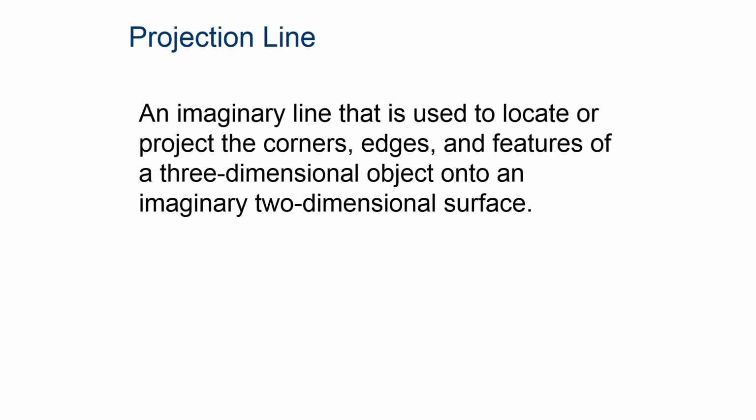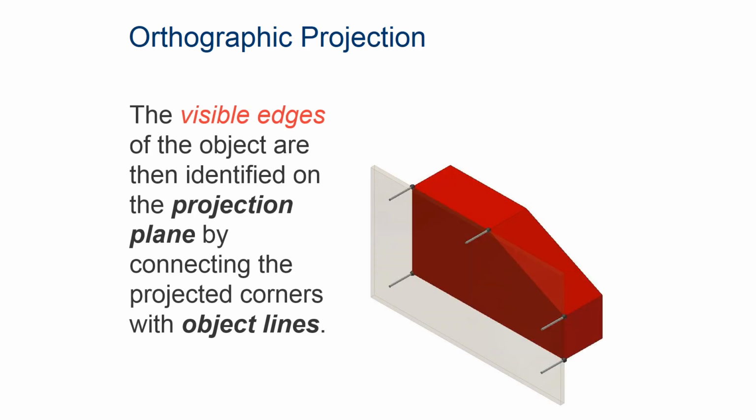So the projection line is the imaginary line that's used. Look, I'm not going to go over this. If you want to write it down, that's fine, but I think it really just confuses the issue. So you have the visible edges, and this probably makes a lot more sense when you have it oriented that way.